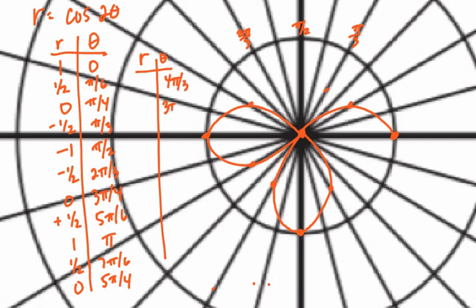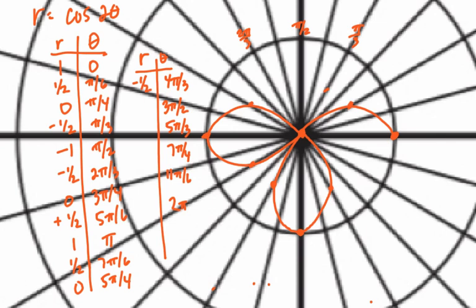And then we have 3 pi over 2, 5 pi over 3, 7 pi over 4, 11 pi over 6, and 2 pi.